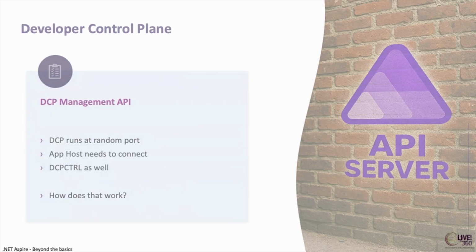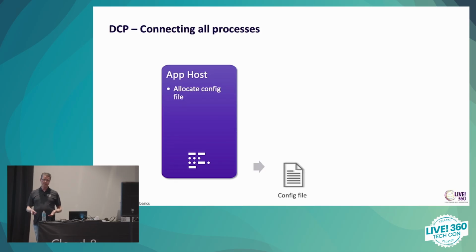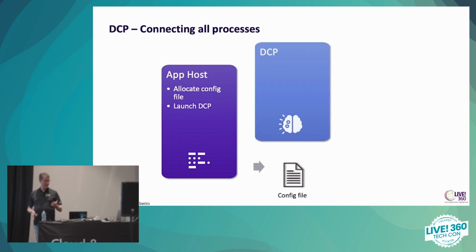Well, how does that work? Whenever the app host launches, the first thing it will do is allocate a random file name in a temp directory. It will create a file which is empty, and then say, hey DCP, here is a random configuration file location for you.